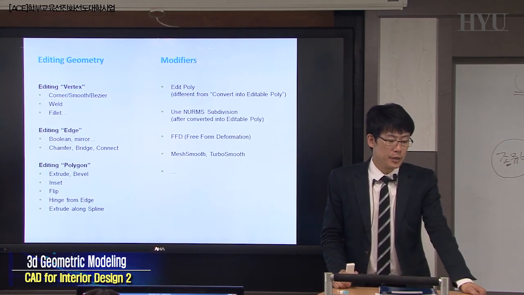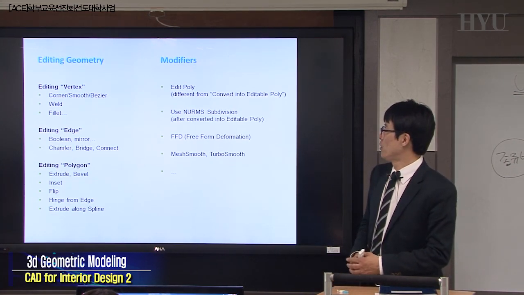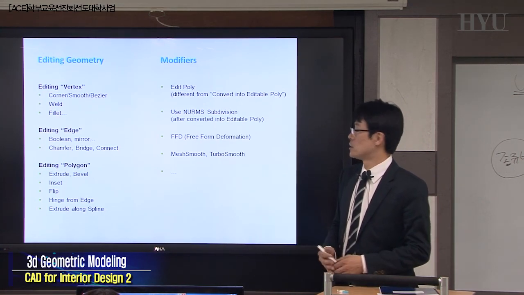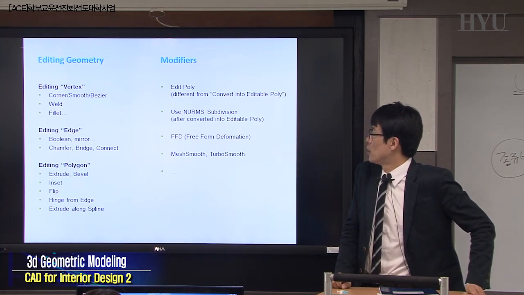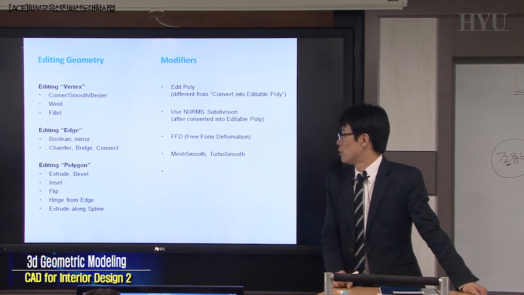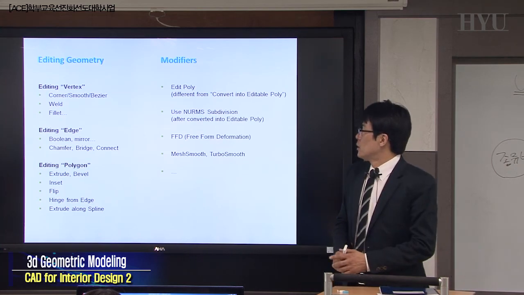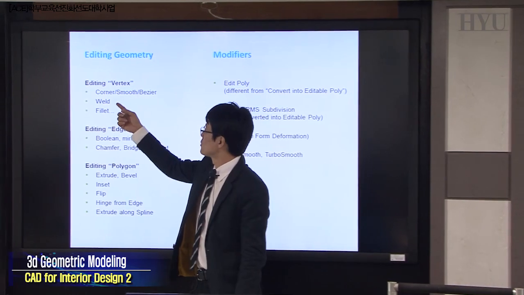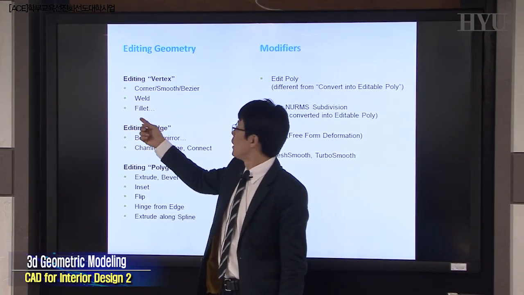In summary, I would like to put an emphasis on the free control you have over sub-geometry components, especially vertex, edge, and polygon, so-called editable poly. In vertex editing mode, you can control corner, smooth, bezier, weld, fillet.